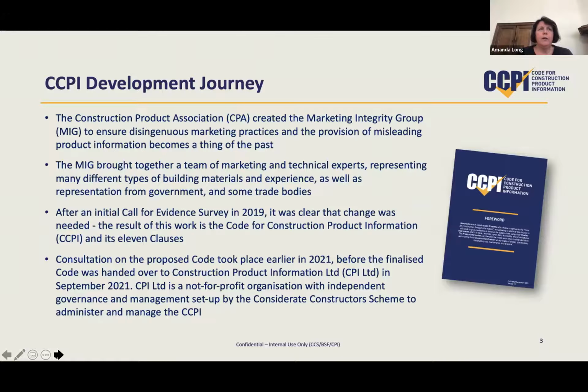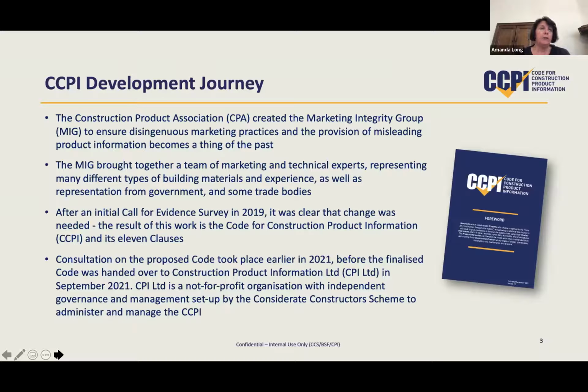After Dame Judith Hackitt wrote her report and raised, among her 53 recommendations, the serious need for culture change across the sector, of course that applies too to construction product manufacturers, and she particularly raised this concern about disingenuous marketing practices and misleading product information. The Construction Products Association picked that up and said, well, we've got to ensure that this becomes a thing of the past.